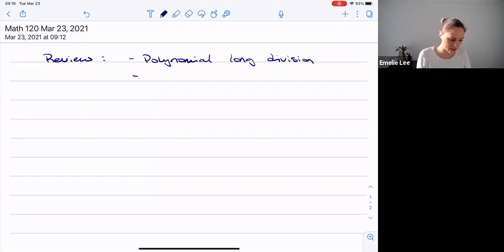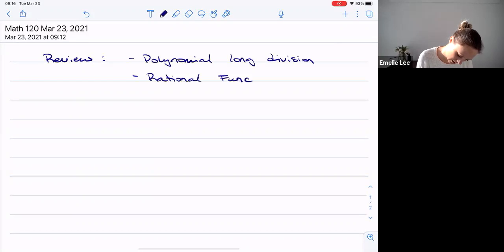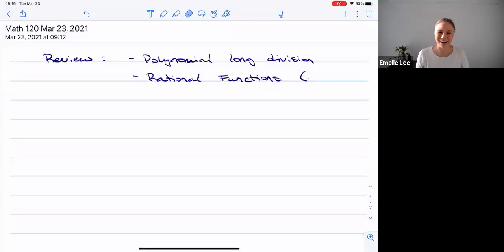And then we got into rational functions. We went through all those steps for graphing, or sketching, I should say. Graphing to me is the actual graph, whereas what we're doing is sketching. We're not paying that close attention to the exact points, so we're not plotting points necessarily. We're just sketching this thing so we can see what it looks like.